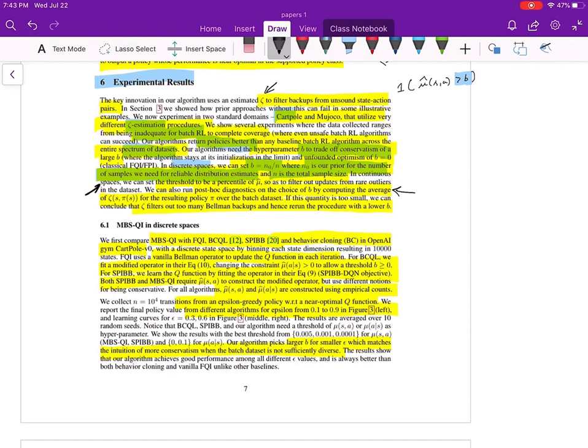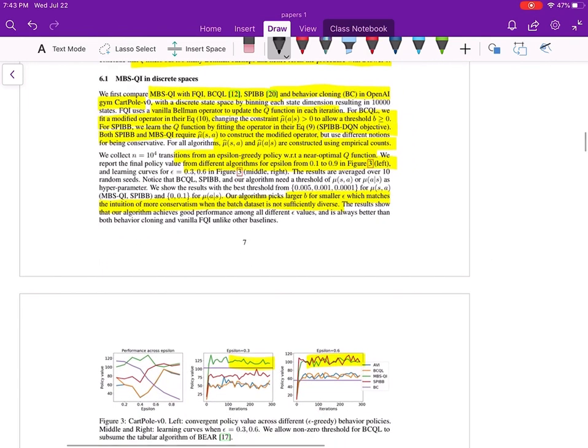So let's go ahead into the discrete experiments where MBS QI is used. This is appropriate for the discrete spaces because you have the direct policy update instead of going through the policy evaluation and policy update steps like in MBS PI.